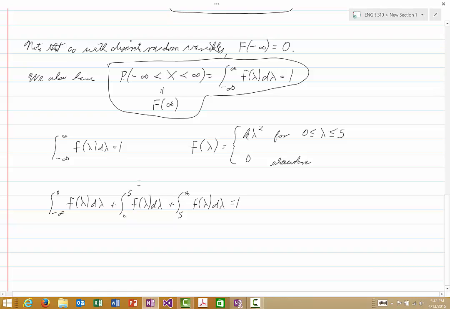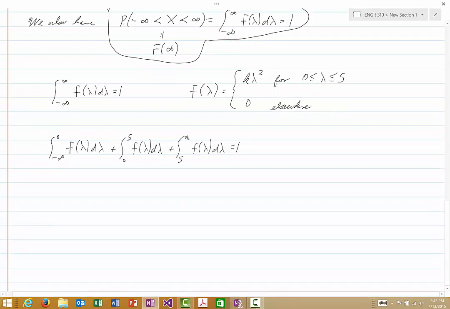That's just a restatement of this equation right here. But our definition for f of lambda says that it's equal to 0 whenever lambda is outside the range 0 to 5.